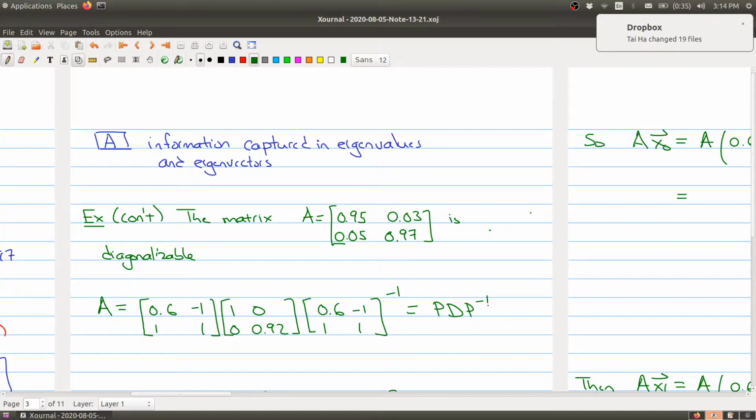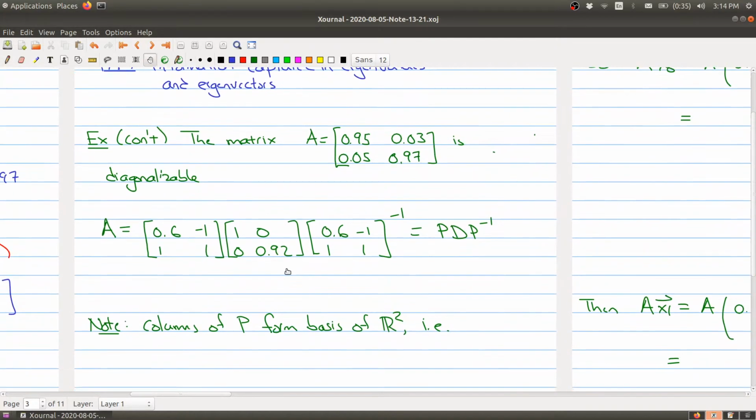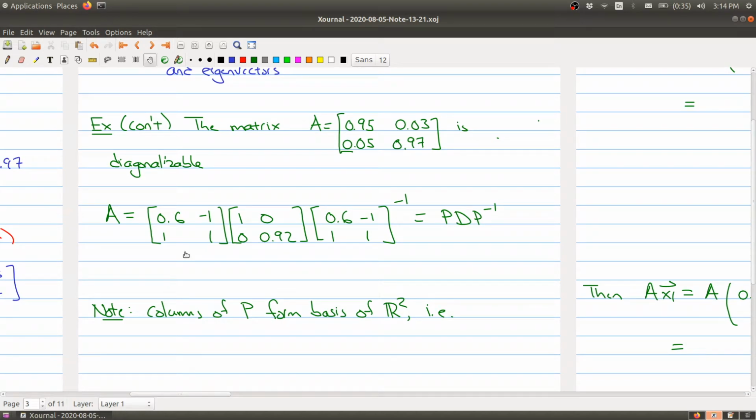Okay, so continuing on. What we want to notice is that because the matrix P, which is the first matrix, is invertible, the columns of P form a basis for R2.